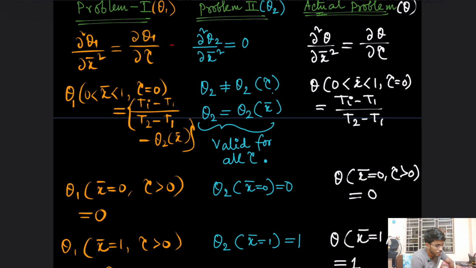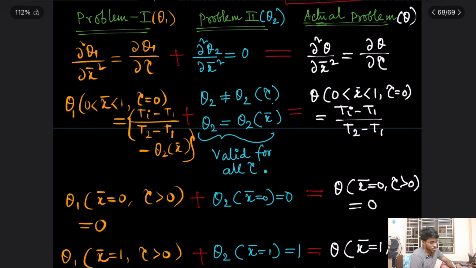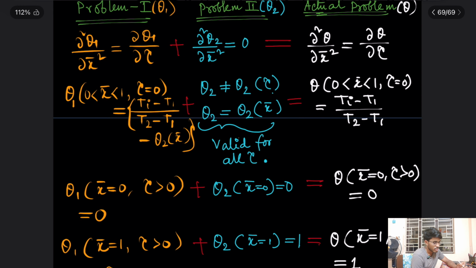So this plus this should be equal to this. This plus this should be equal to this, and this plus this should be equal to this. This was the statement written in blue ink at first. So you just take a look at the three problems. Now we will solve first theta 1 and theta 2, then we are done.